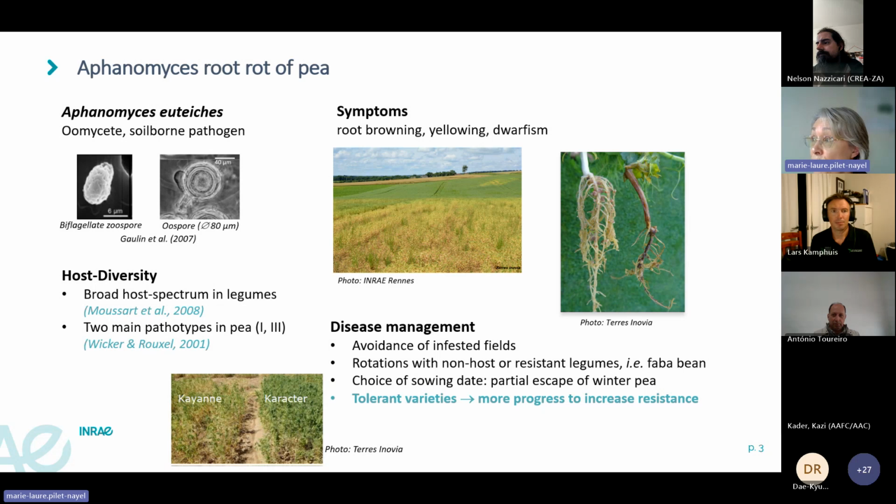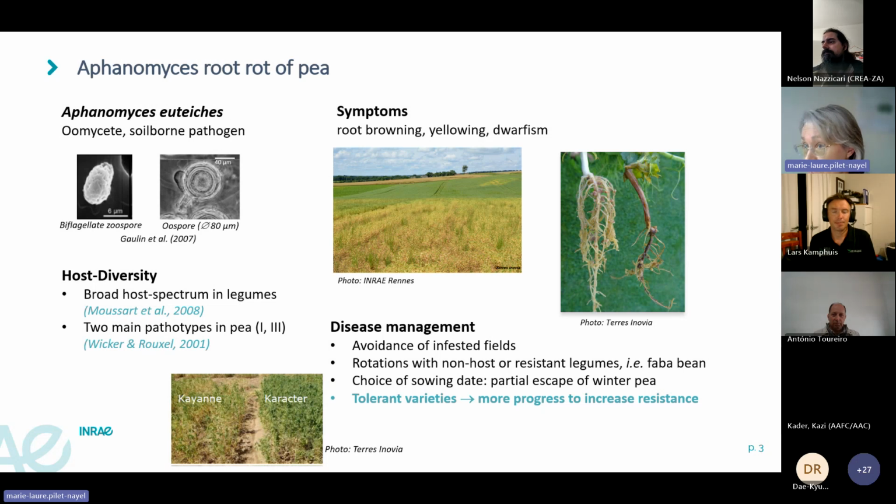The objective is a very low cost chip with about 60,000 SNPs, with about 20,000 SNPs for pea, 15,000 for faba bean, and 10,000 for each of the 3 other species.